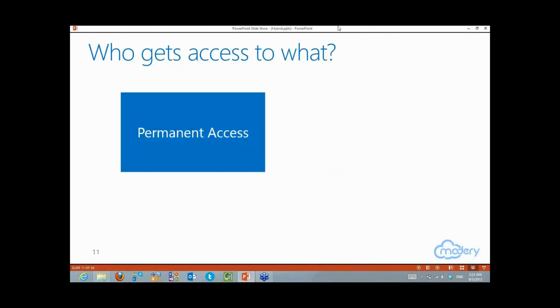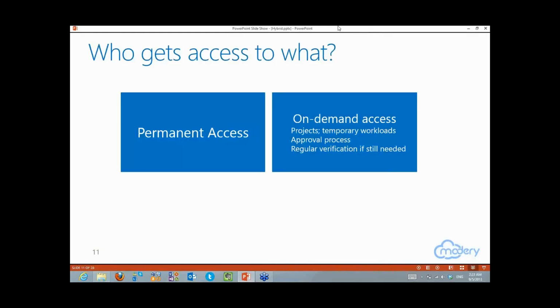So you really need to decide, should somebody have permanent access to Office 365 or should it be on-demand access? Permanent access naturally is if you know, hey, those people need to access Office 365 anyway all the time, as we're migrating to it permanently. And it will be our number one platform, so everybody should have access.